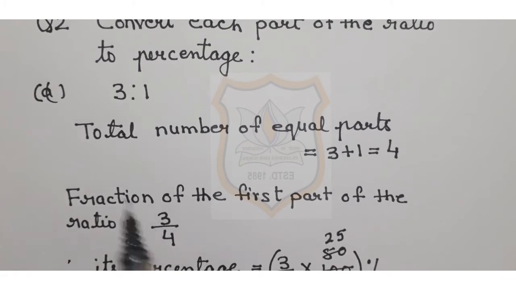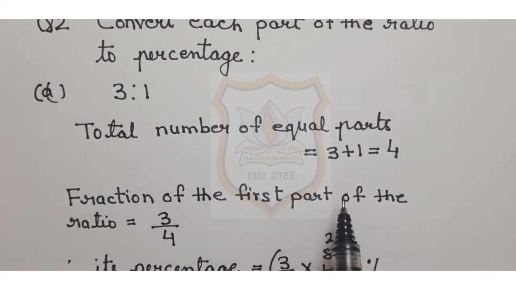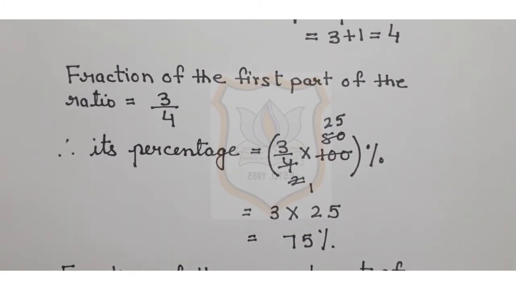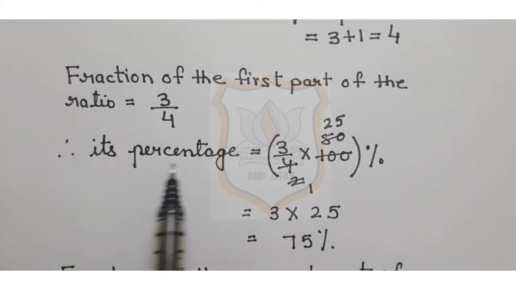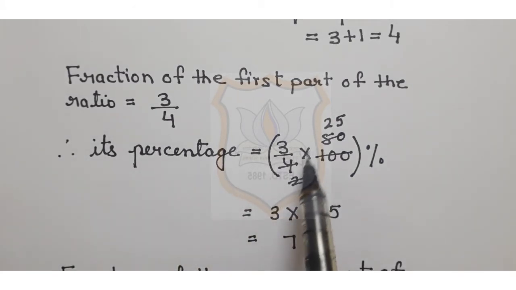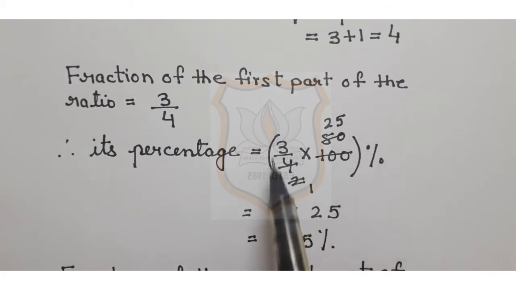So the fraction of the first part is 3 upon 4. Now we will convert this fraction into percentage. Its percentage is equal to 3 upon 4 multiplied by 100%.